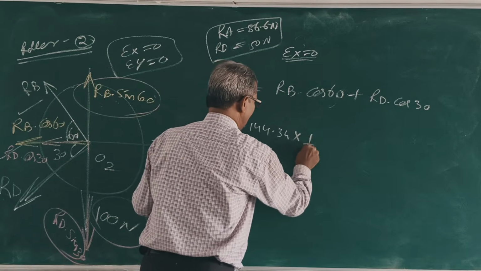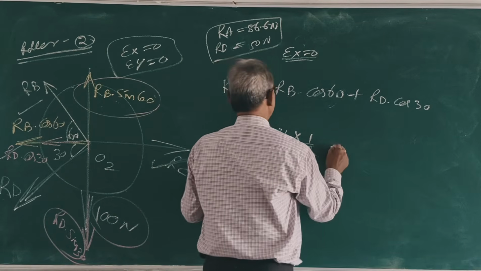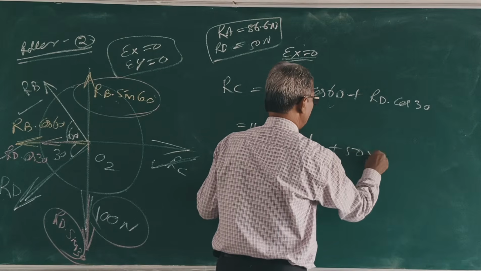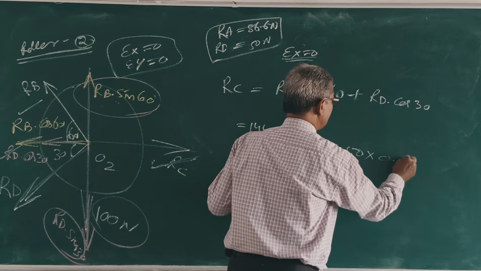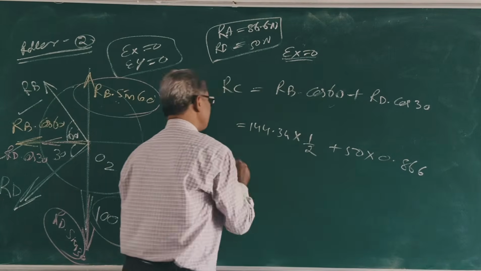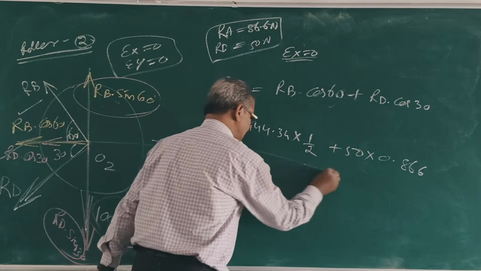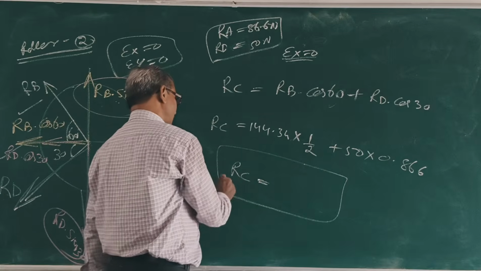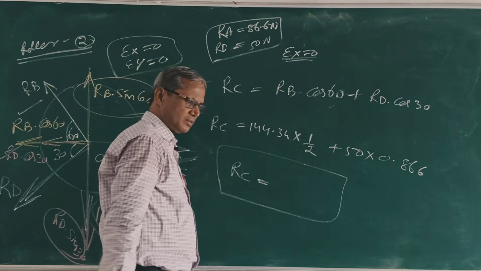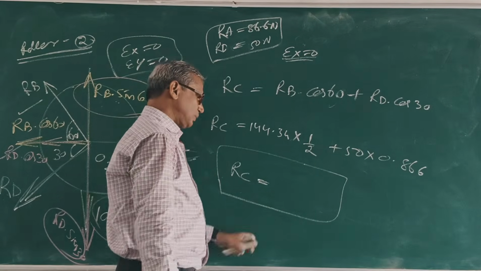What is RD? 50 into, what is cos 30? 0.866. So you will use a calculator to find the value of RC. What is the value of RC? Anyone?